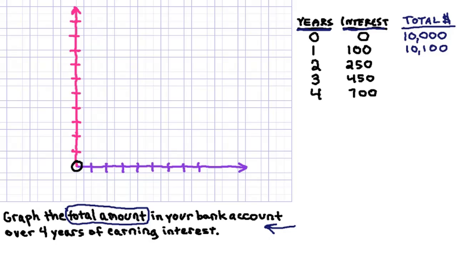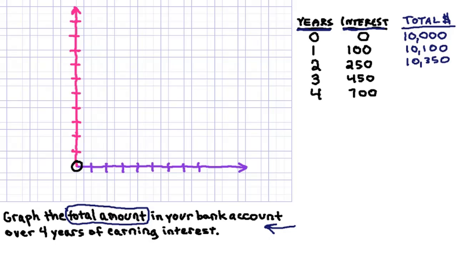Now after year 2, you earned $250 in interest. So that $10,100 that you had last year, you need to add $250 to that, which gives you $10,350.